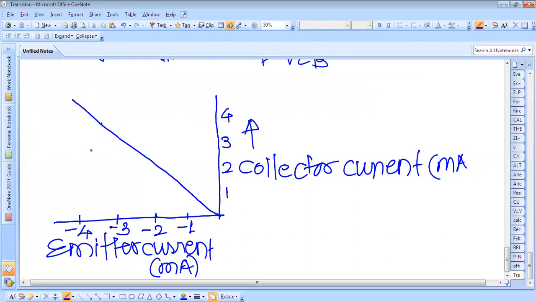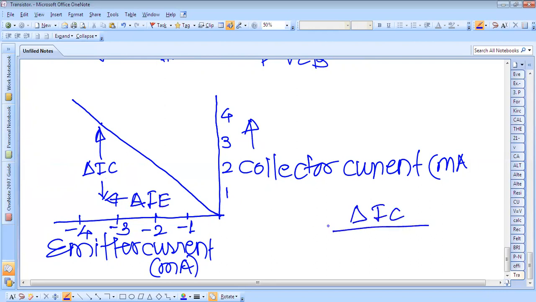So for these values, we can calculate the change in the collector current for this change in the emitter current. The ratio of the change in collector current to the change in the emitter current, for a given collector base voltage, is termed the current amplification factor, and it is denoted by alpha.